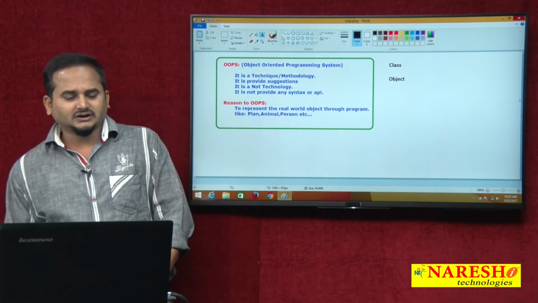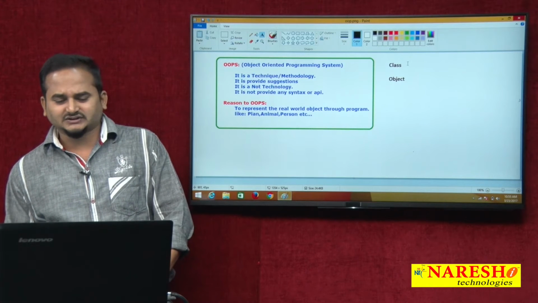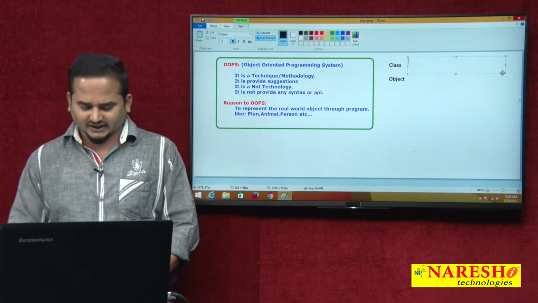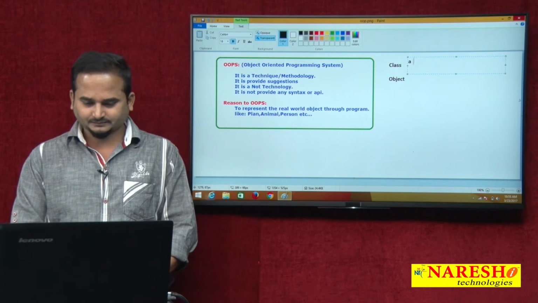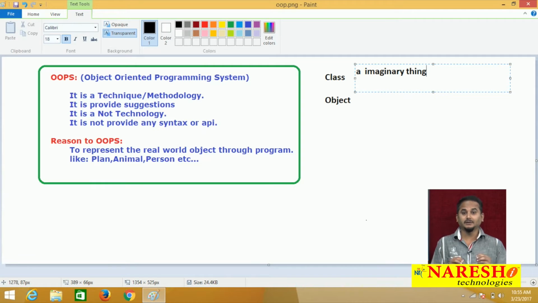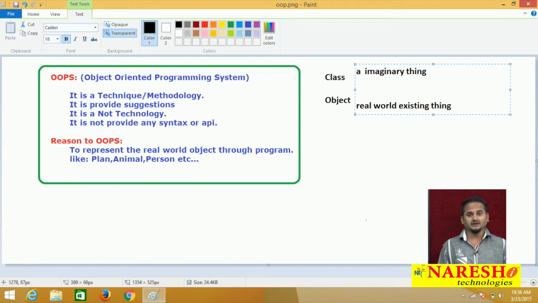So, simply explained, a class is an imaginary thing. Now if you come to the object, an object is a real world existing thing.